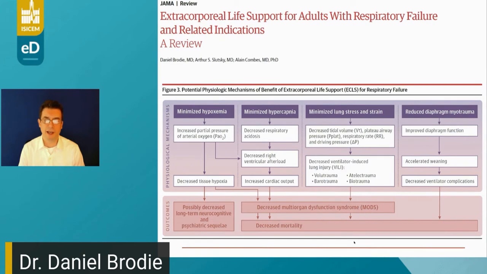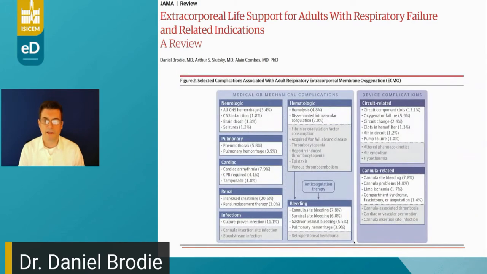And that's essentially likely the major mechanism of potential benefit, which is being able to decrease volumes, pressures, and even respiratory rate below the standard of care, such that we can decrease the amount of ventilator-induced lung injury beyond the current standard of care.